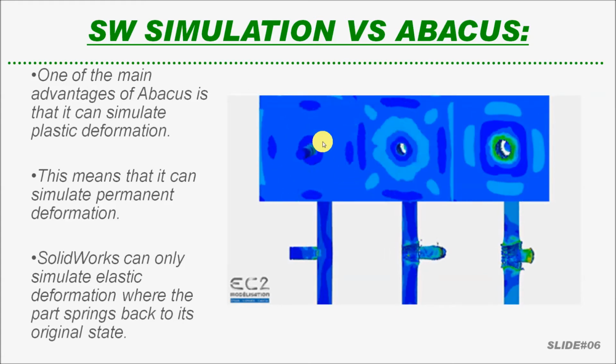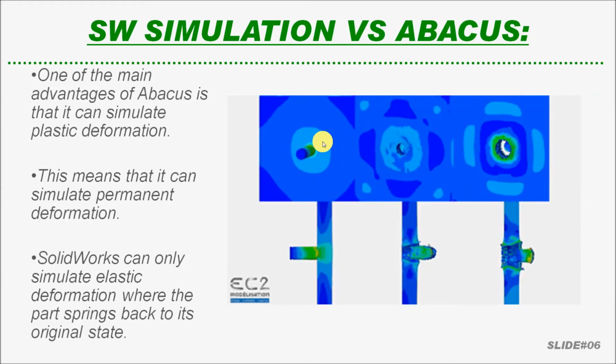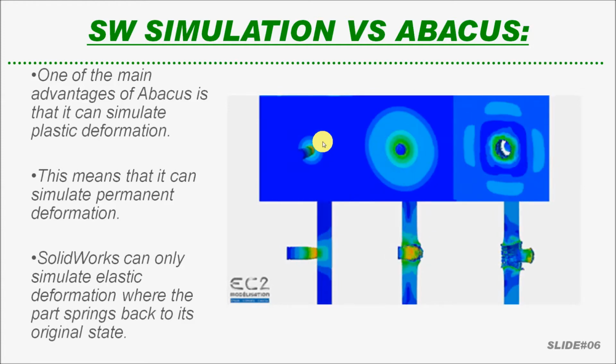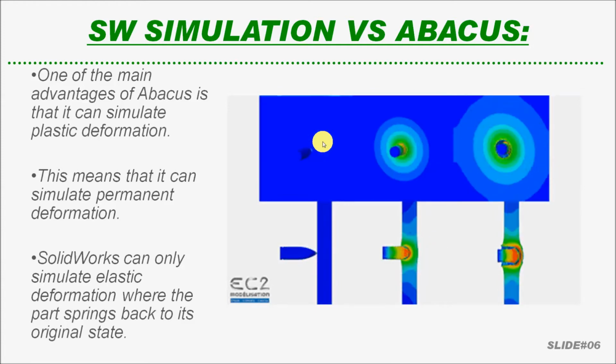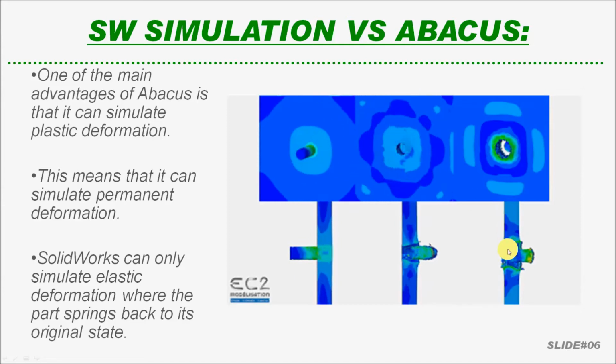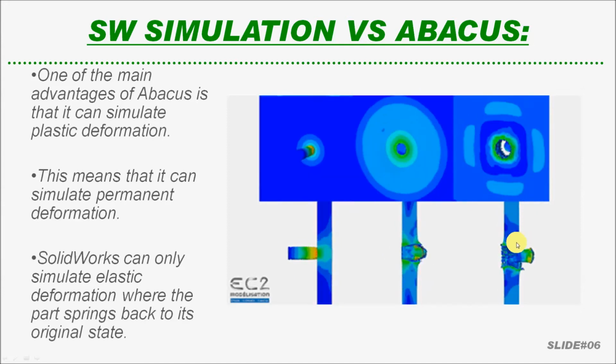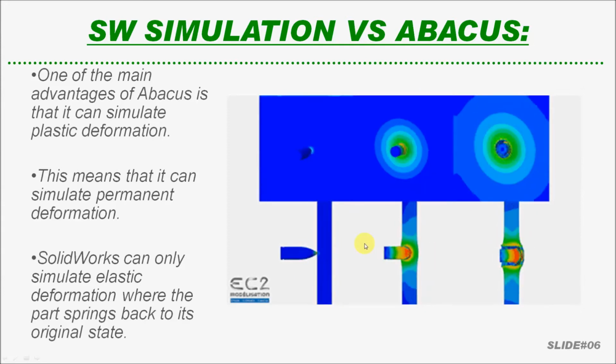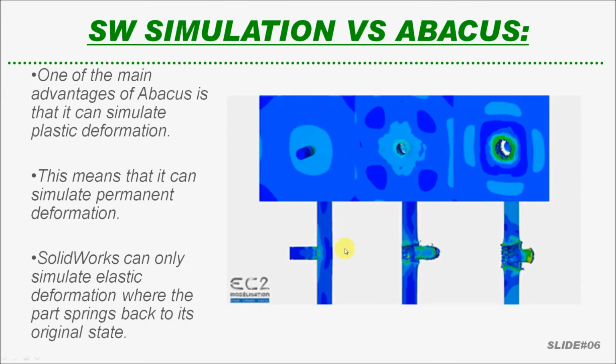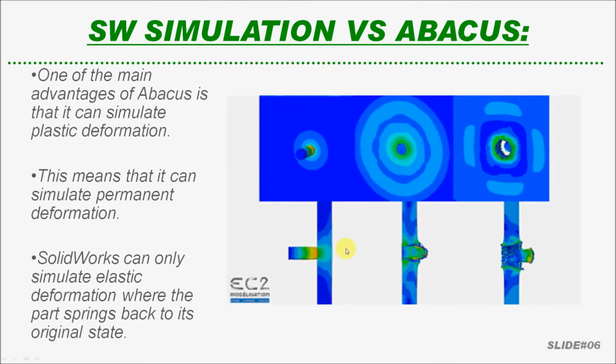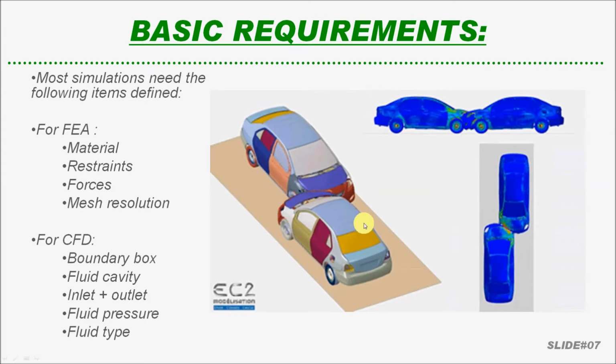The reason it's the Ferrari version is because you can do plastic deformation, like I'm going to talk about later. What I mean by plastic deformation is you can get permanent deformation like what you see here, instead of elastic deformation, which springs back to its original state.